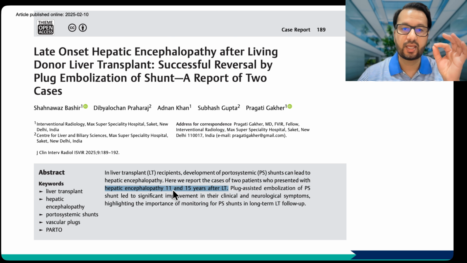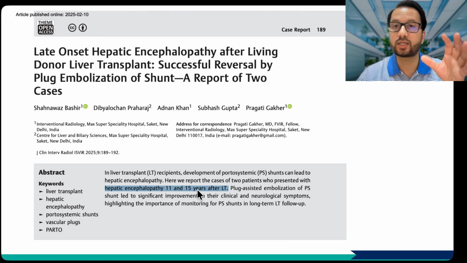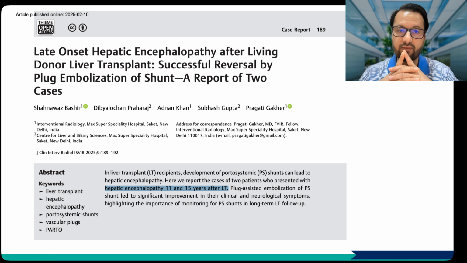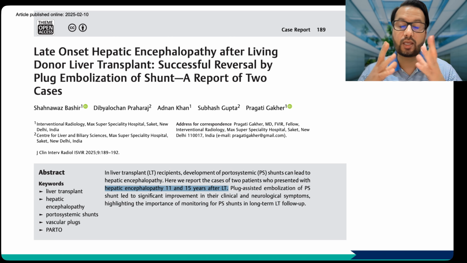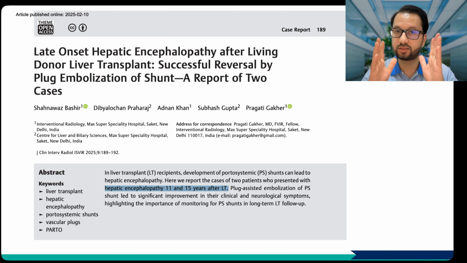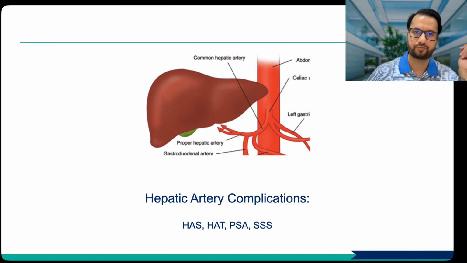These patients had encephalopathy 15 and 11 years after the liver transplant, and they were initially thought to have Parkinsonism. They had Parkinsonism-like symptoms, but when we evaluated them in detail, we found that there are large shunts which are basically causing hepatic encephalopathy. After we embolized those shunts, their symptoms drastically improved.